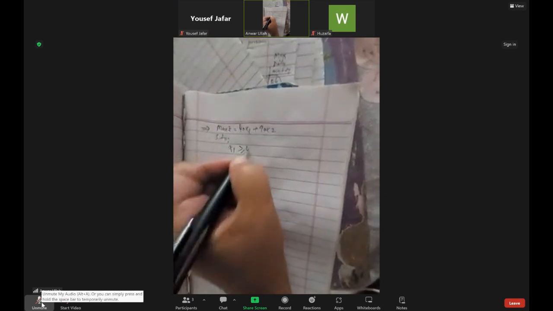The first one is x1 greater than or equal to 4x2, this is the first constraint. The second one is that x1 must be less than or equal to 110 units. And the third one is that 2x1 plus 4x2 is less than or equal to 300 pounds. This is the raw material constraint, and x1, x2 greater than or equal to 0.